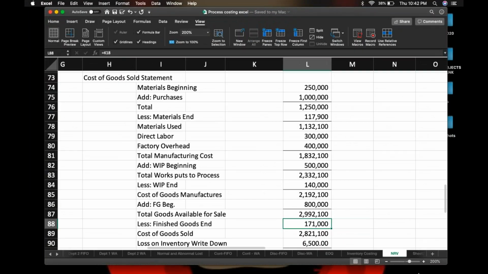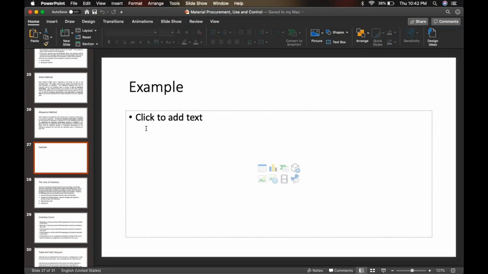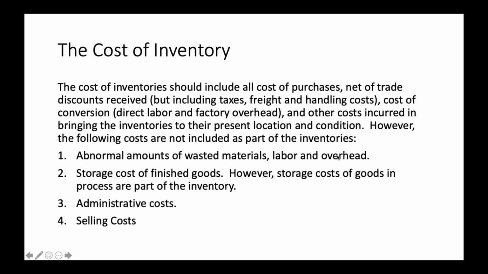Okay, let's move on. Cost of inventory. The cost of inventories should include all costs of purchases, net of trade discount, but including taxes, freight and handling costs, cost of conversion, that is labor and overhead, and other costs incurred to bring the inventories to their present location and condition.